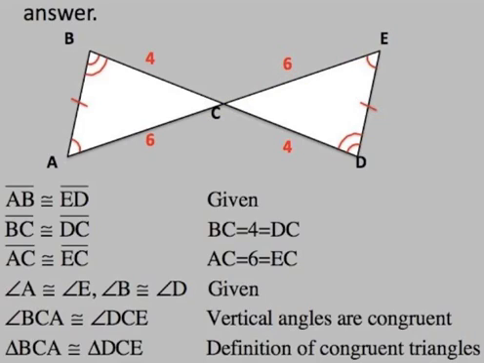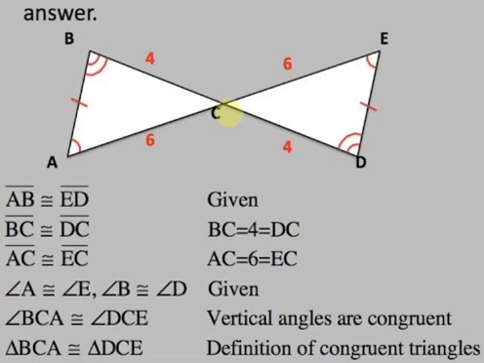We also have another 2 pairs of congruent markings here. One pair tells us that angle A is congruent to angle E, and that angle B, with these double congruence markings right here, is congruent to angle D, with these 2 double congruent markings. And right here we have a pair of vertical angles.